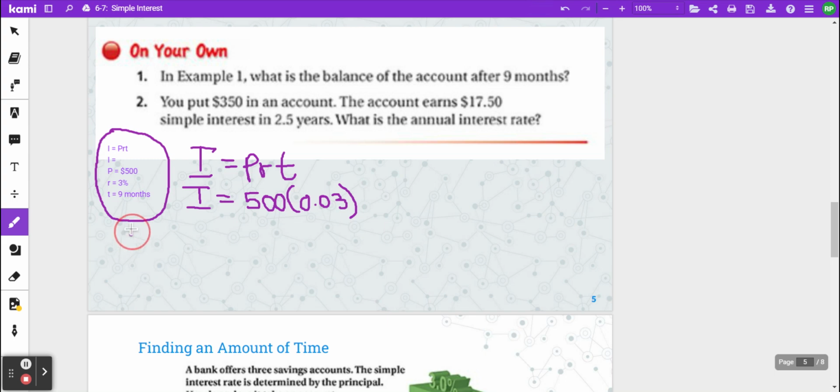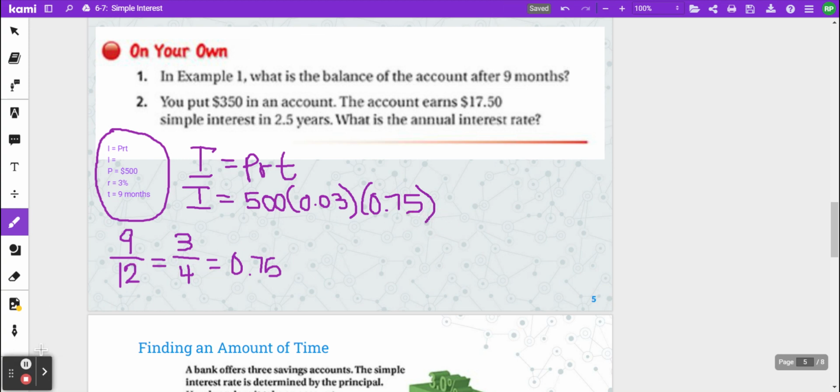So I know that 9 months is 9/12 of a year because there are 12 months total in a year. 9/12 can be reduced to 3/4 by dividing both of those numbers by 3. And 3/4 is equivalent to the decimal 0.75. So when I substitute 9/12 for the time, I'm actually just going to go ahead and write that in decimal form as 0.75 because it's easier to use in my calculator.